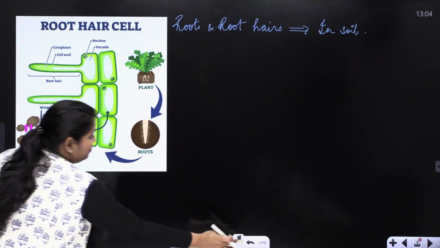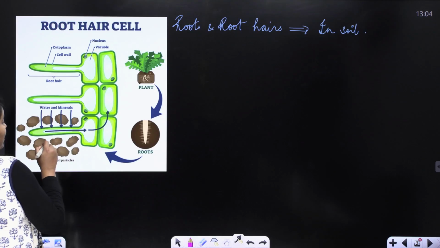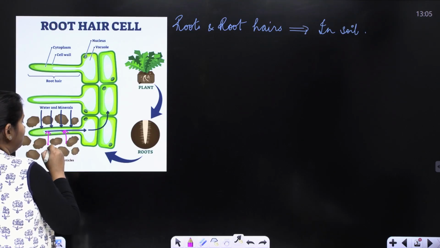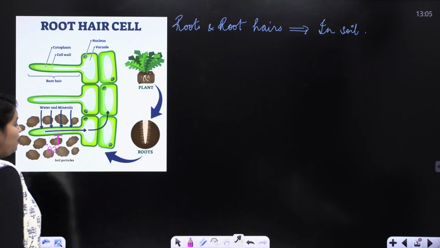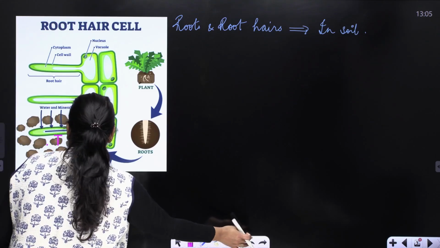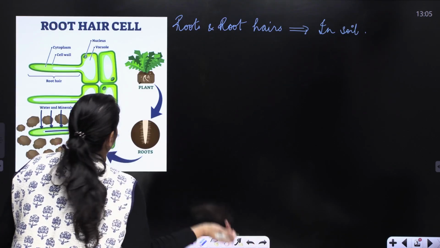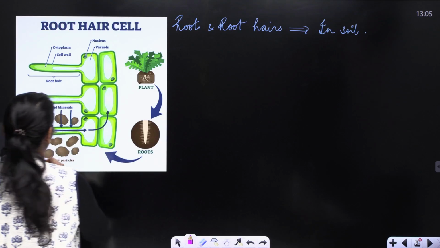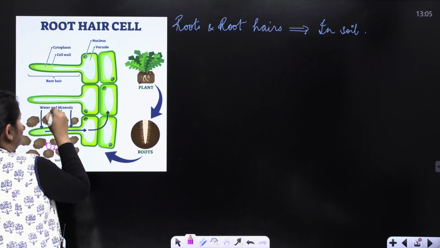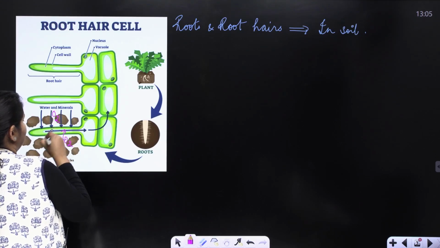So the air from these spaces is diffused in. That means diffusion of oxygen from here takes place. So diffusion of oxygen, which is present here in the soil particles, takes place.